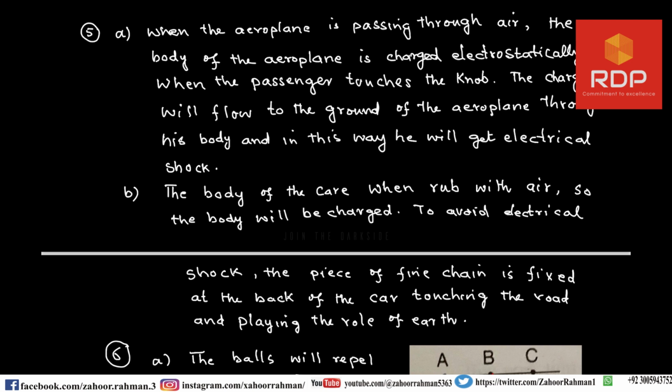When the body of the truck is passing through the air, due to rubbing, the body of the truck is charged electrostatically, and if these charges are not removed from the body of the truck, then the driver and the other people inside that truck or car will get an electrical shock.